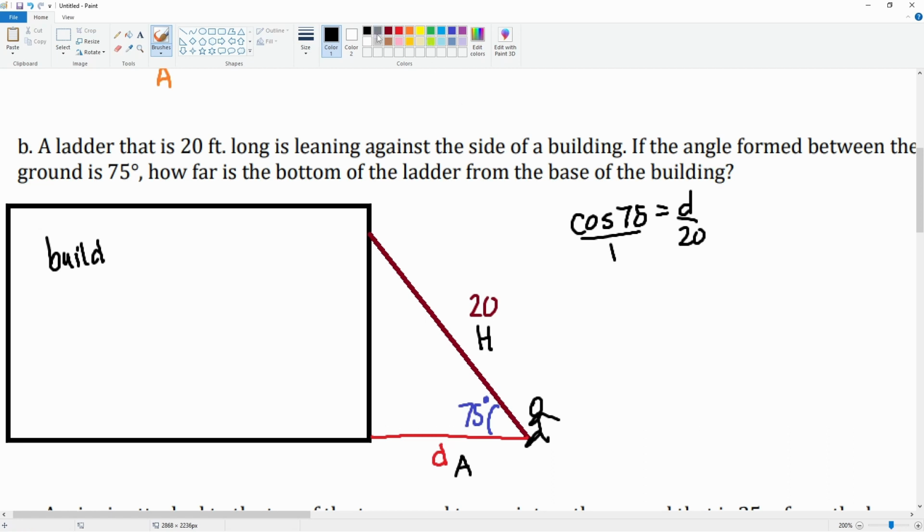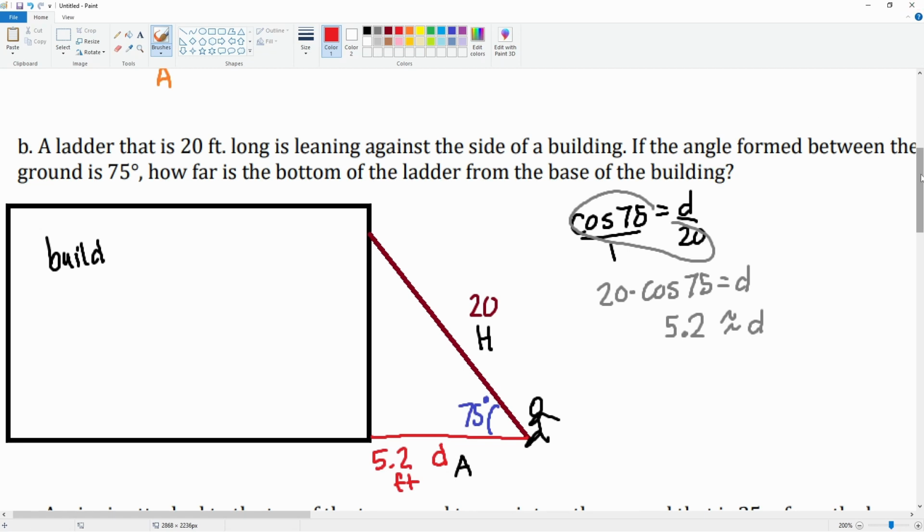Make the left side over 1 so we can cross multiply. So this is 20 times cosine of 75 is equal to the letter D. So now we can just plug it in. 20 times cosine of 75. The letter D is approximately 5.17, so 5.2. So we can say this is approximately 5.2 feet away from the building.